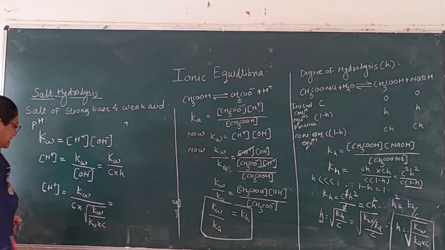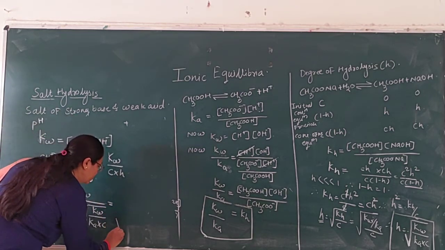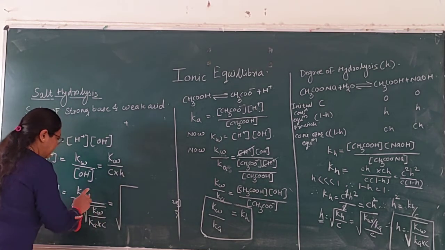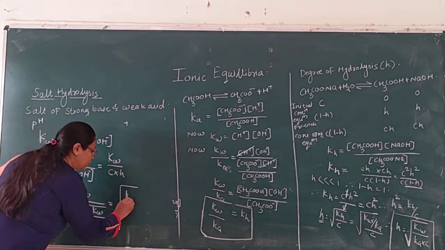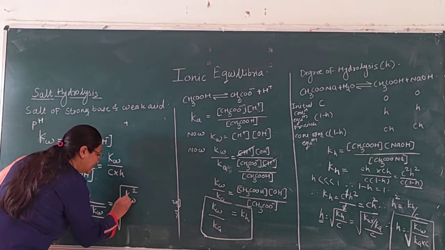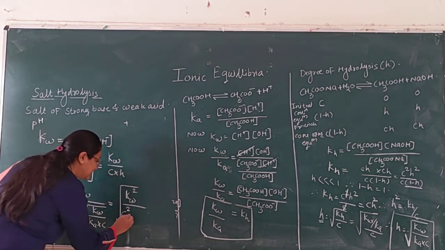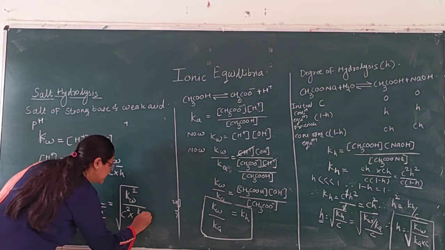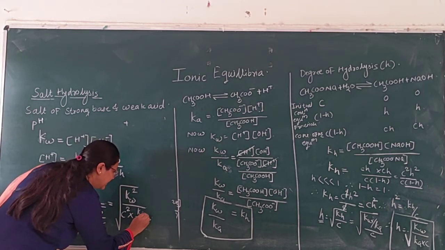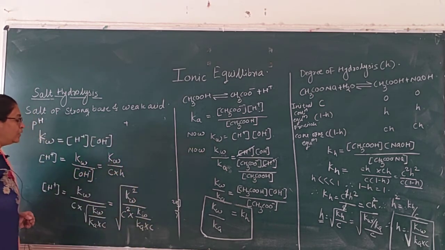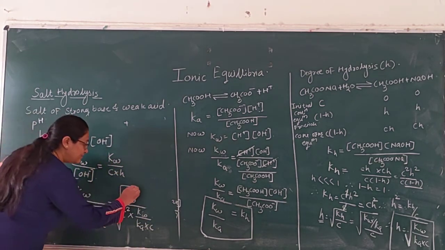Now we are going to solve this. For this purpose, what we will do? We will take all these terms in a square root sign. So if we want to take it in a square root sign, we will have to write that square divided by this also square, and this is as it is because already it is in a square root. Now the same terms will get cancelled.